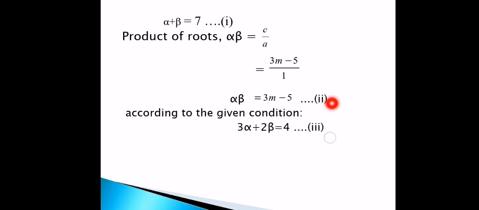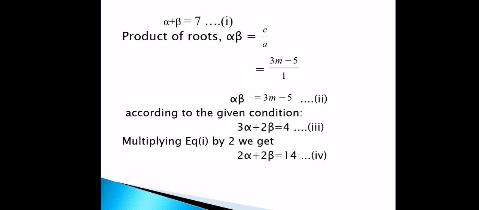By using these two equations, we will find out the values of alpha and beta. Multiplying equation number 1 by 2, we get 2 into alpha plus beta is equal to 2 into 7, that is 2 alpha plus 2 beta is equal to 14.